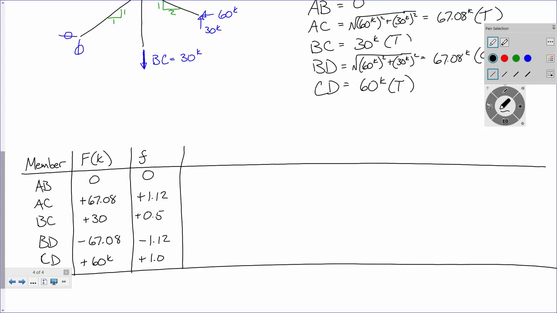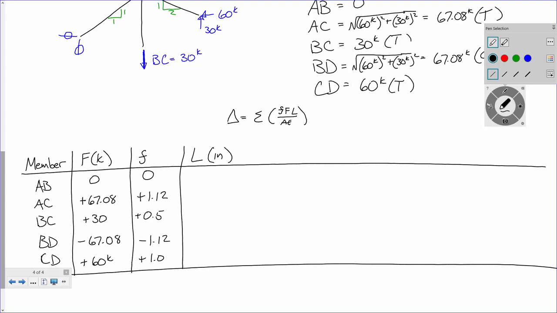Now, here's another caveat to doing deflection calculations. Deflection calculations with units can get messy, okay? What are the units asking for in the problem? It's asking for deflection, and it expresses them in inches. If I want to calculate deflections, I have to have delta equals the sum of F, big FL over AE. So if I want to start expressing member lengths, I need to do it in inches.